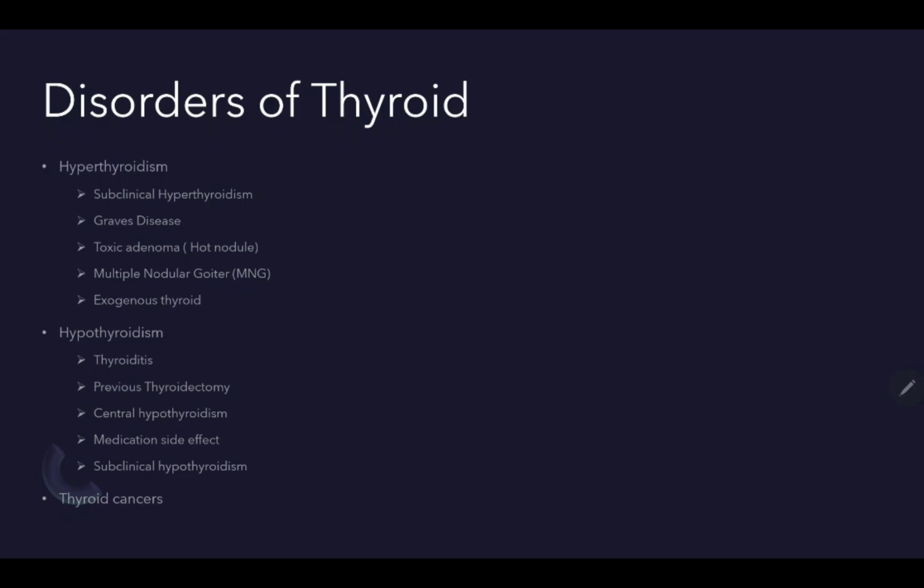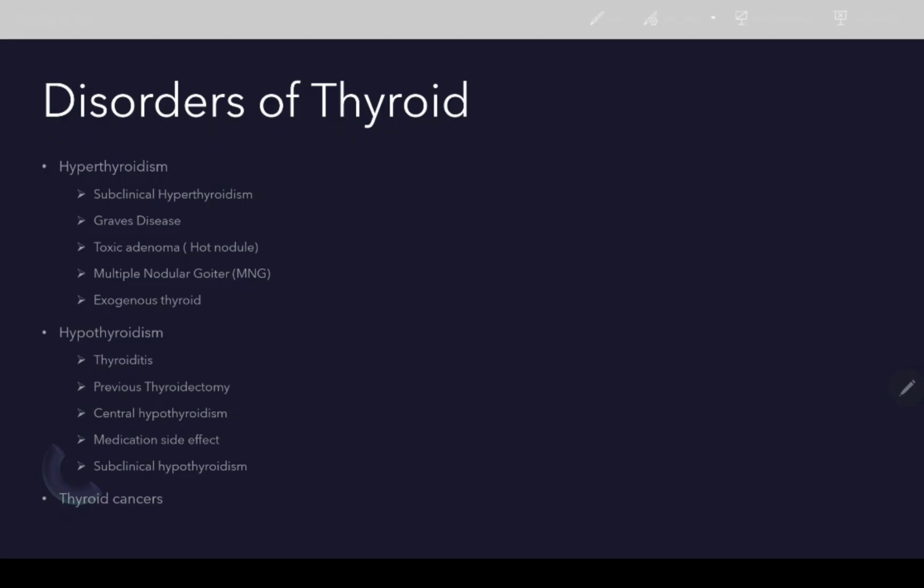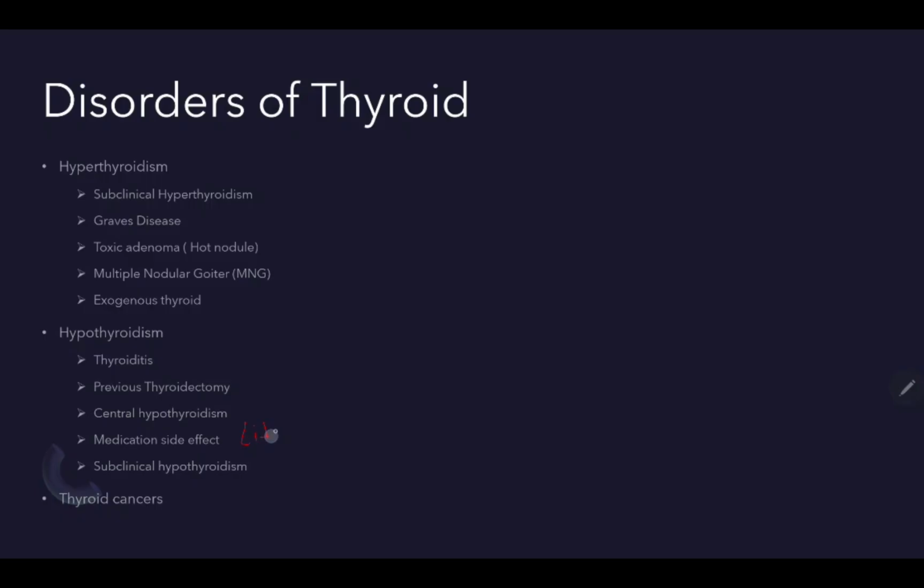Okay, central hypothyroidism means that there is a low TRH. So according to this, there is a low TSH, and low TSH leads to low T3, T4. Medication side effect, common. Comes a lot in the exams, and those medications could be, for example, lithium.